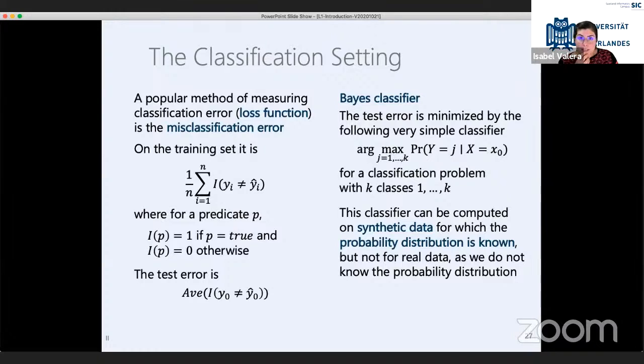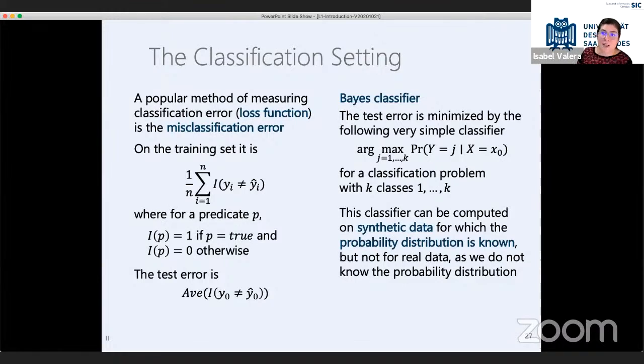And actually, the whole point of statistical learning is that under some assumptions, under some conditions, as you see an infinite number of training data points, you can make it arbitrarily close to the Bayes classifier. But exactly reaching zero is not that easy.